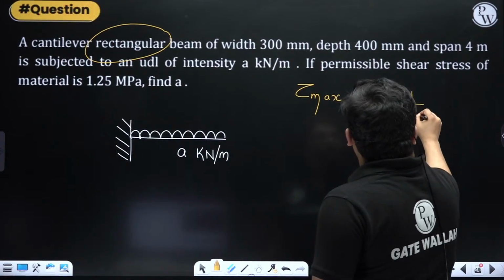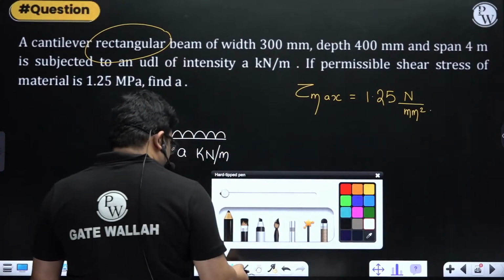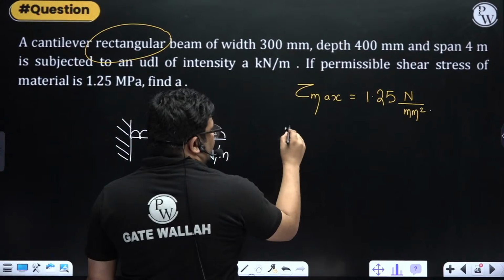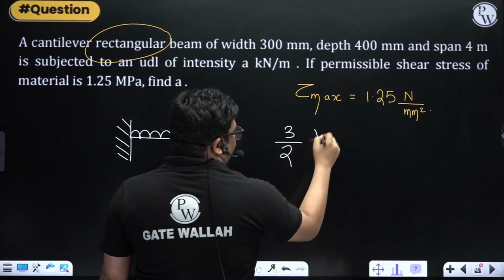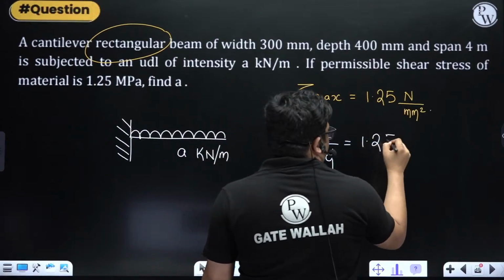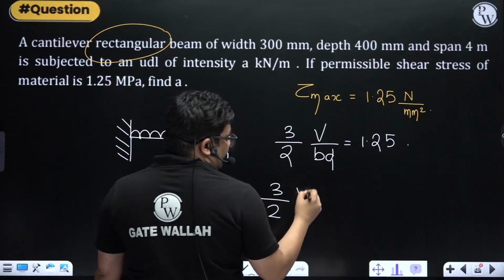So what we will do first, we'll find out the shear force corresponding to this. So how we'll find out? Maximum shear stress is 3/2 V upon BD is equal to 1.25, right? So 3/2, this V is actually in kilonewtons, so I'll convert into Newton.